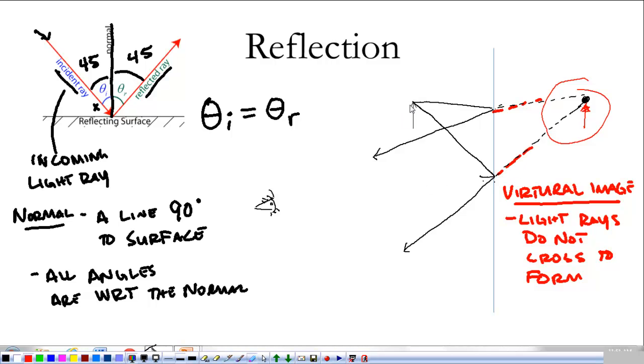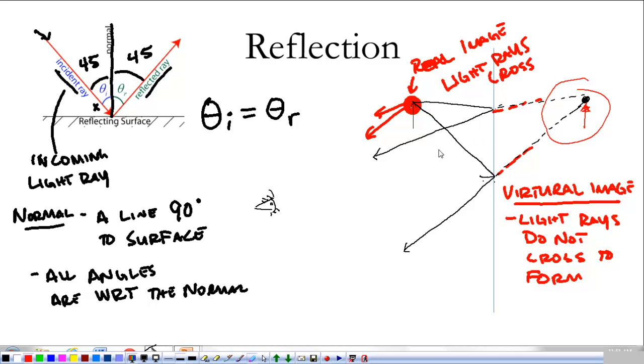At the same time, looking here, we have two rays coming off of it. When your eye sees it, it only sees these rays and traces it back to the place where the actual object is. That's a real image. It's a real object. But it's a real image because light rays cross. That's how we get real images.